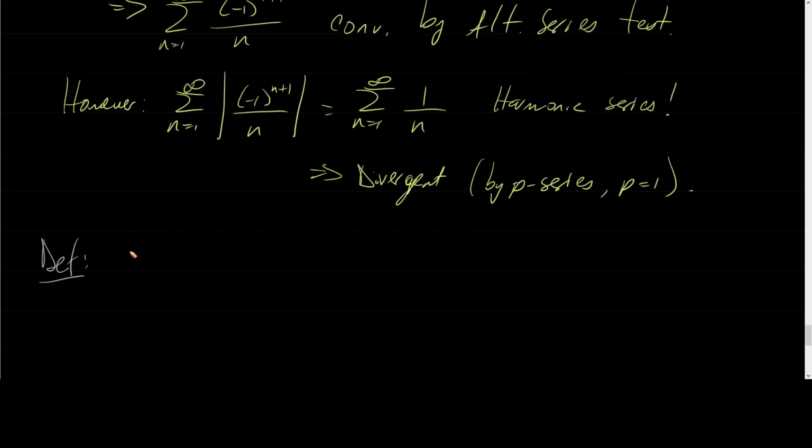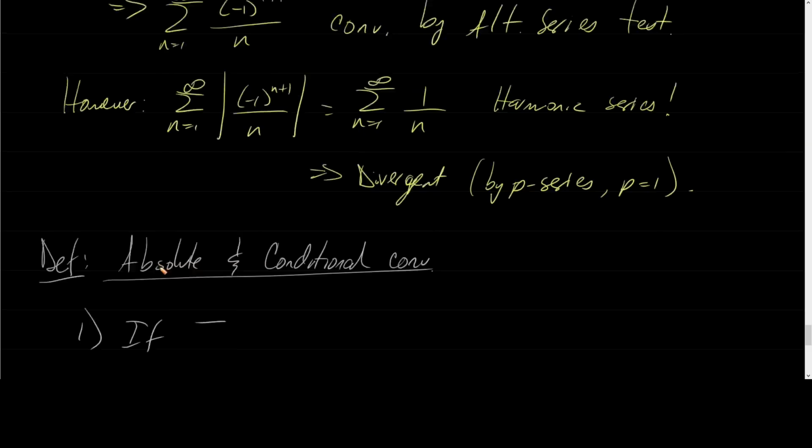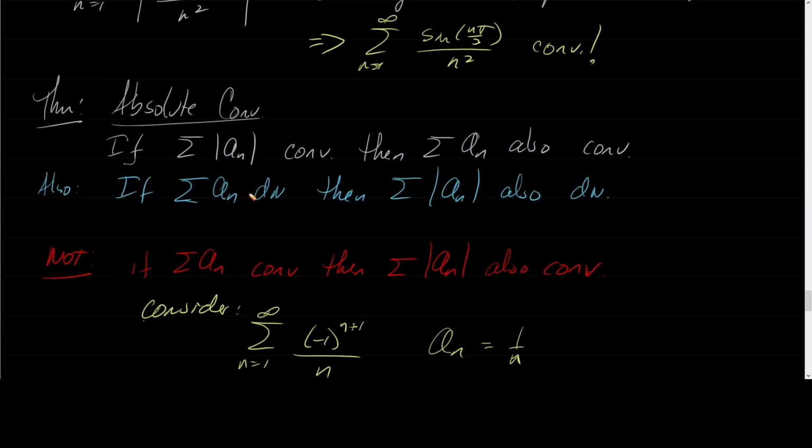Absolute and conditional convergence. All right. So the scenario that we just spoke about. I mean, not this first scenario, the definition that I already gave up here. This is absolute convergence.